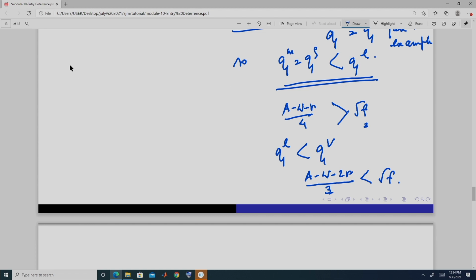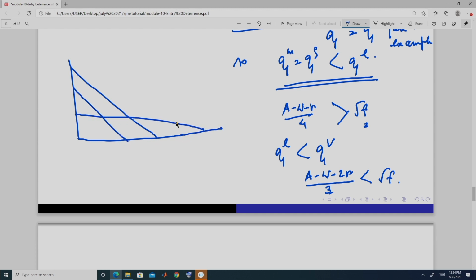Now, here what we are getting? We are getting this is the reaction function of firm 2, and this is point T, this is point V. This is Q1M is equal to Q1S.